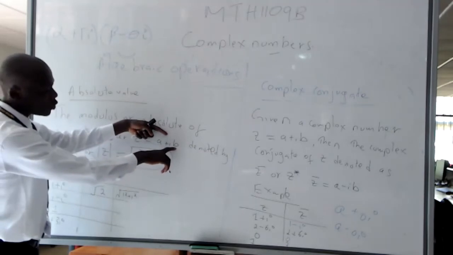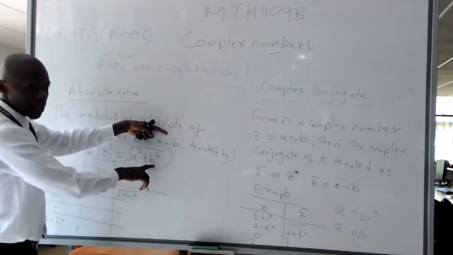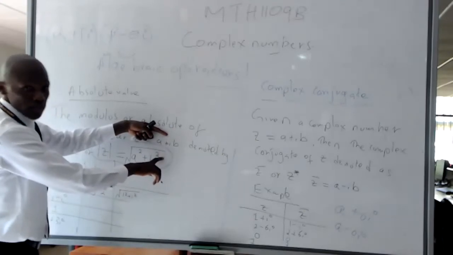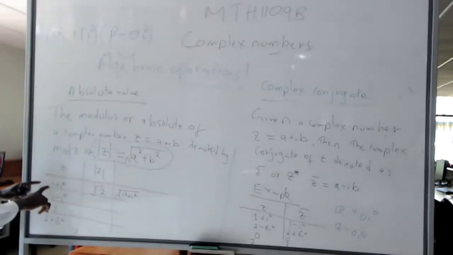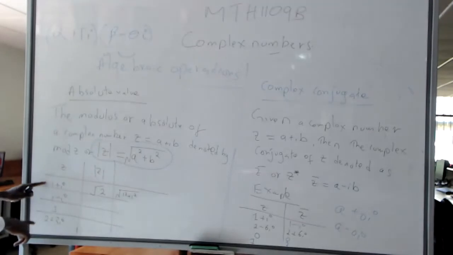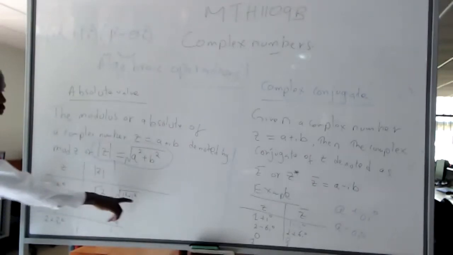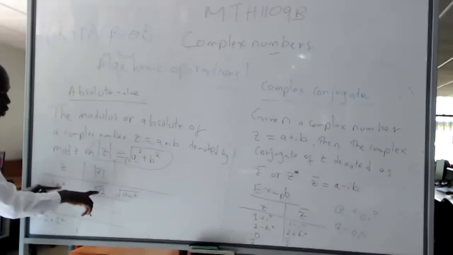Take the imaginary part, which is b, and find the square of b. Add a squared to b squared, and then find the square root of your final result. So for example, if you're given 1 plus i, in this case a is 1 and b is 1. So a squared is 1, b squared is 1. 1 plus 1 is 2. So the square root of the whole thing is square root of 2. Okay?